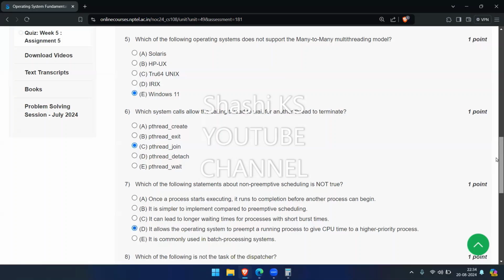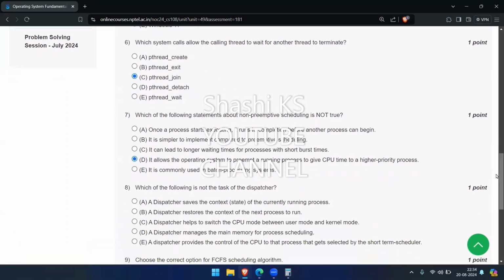The next question, which of the following is not the task of the dispatcher? The dispatcher saves the context of the currently running process, restores the context of the next process to run, helps to switch the CPU mode between user mode and kernel mode, manages the main memory for process scheduling, and provides control of the CPU to the process selected by the CPU short-term scheduler. Managing the main memory for process scheduling is not the task of the dispatcher.